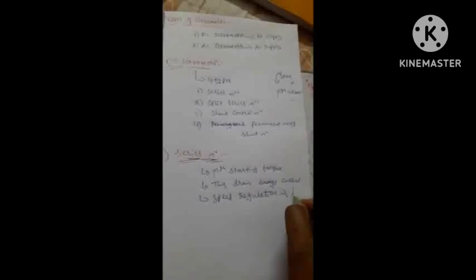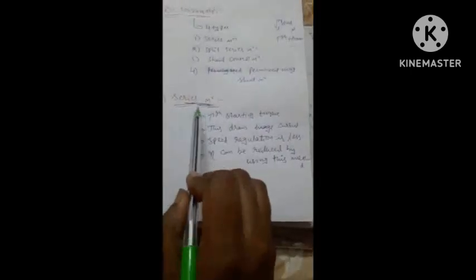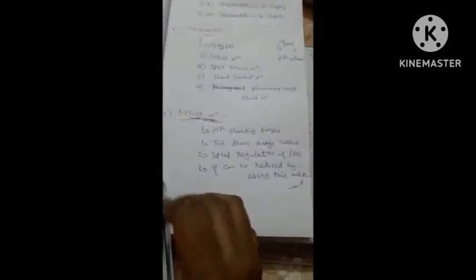In the DC servo motor, the efficiency can be reduced by using the series motor.